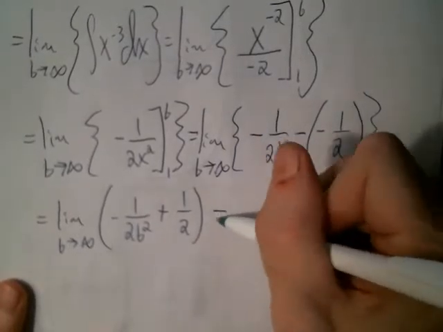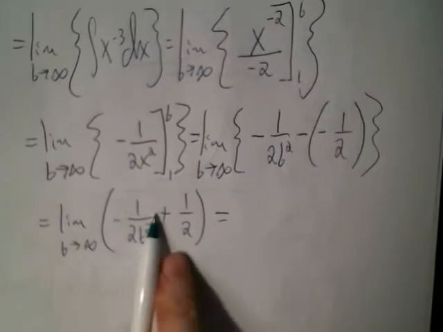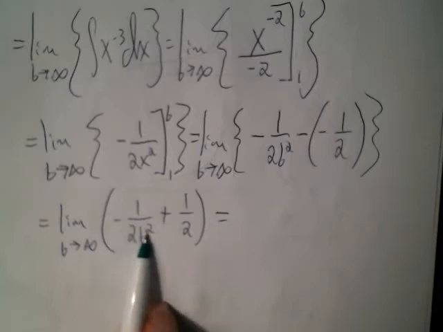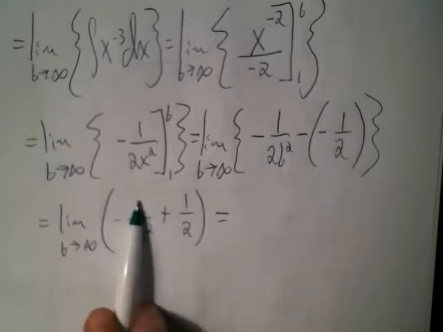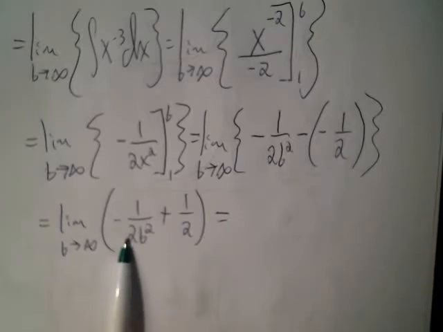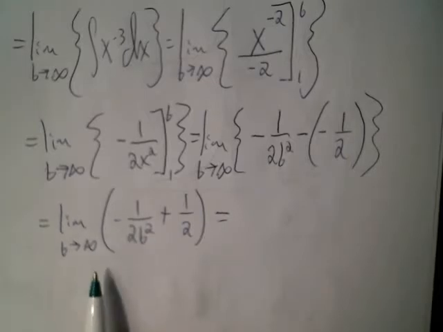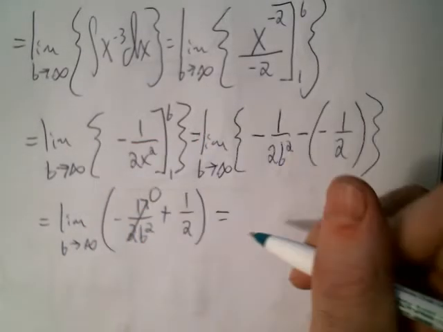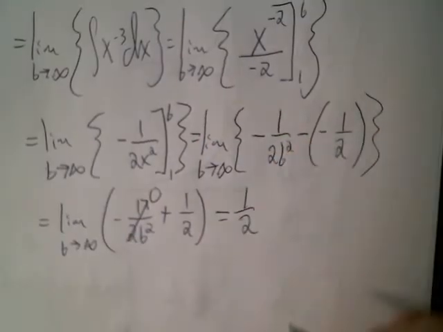If you plug b into this thing, it'll be 1 all over infinity. And that type is 0. If you think about sequences, you're putting in values like 10, 100, 1,000 for b. So it's going to be 1 all over something huge, and 1 over something huge is very close to 0. So this thing will zip away to 0, and you'll just be left with 1/2.